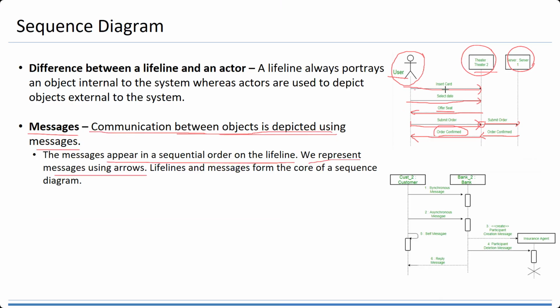So this is the message. A message means we have information going from something to something. So this message is from the user to the kiosk. For example, if you touch the kiosk, it means there is a message from the user to the kiosk.